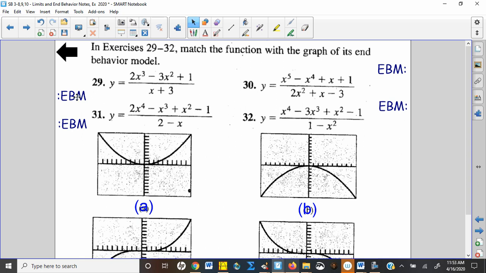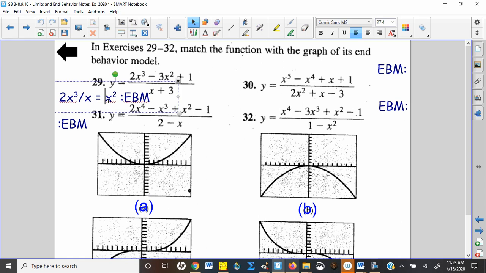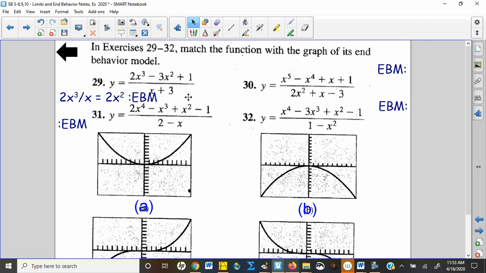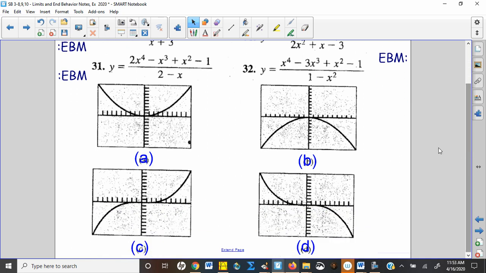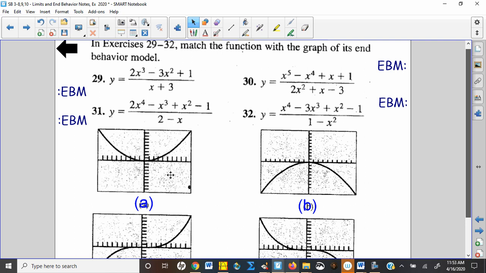And so for 29, that becomes 2x cubed, right, over x, which reduces to x squared. Well, that's just a parabola, okay? Maybe I guess technically it would be 2x squared, wouldn't it? But yeah, which one of these looks like 2x squared? Probably A, the up polynomial function.